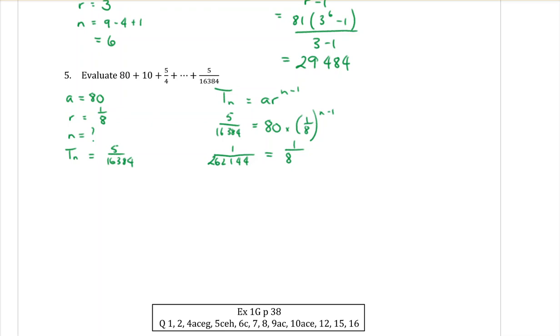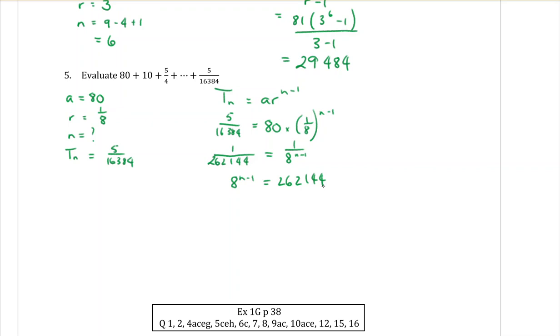Now, that 1/8 to the power of n minus 1, I could expand the bracket out. 1 to the power of any power is going to be 1, so it really would just be 8 to the power of n minus 1 on the bottom. By doing that, it means I can get rid of those fractions. I can just invert both sides, and I have 8 to the power of n minus 1 is equal to that big number on the denominator on the left.